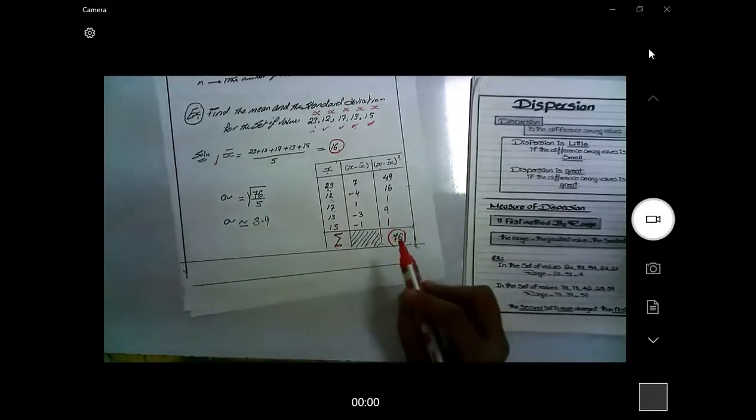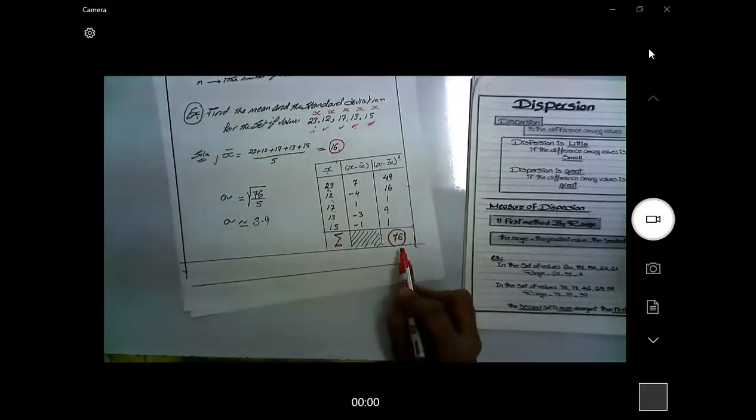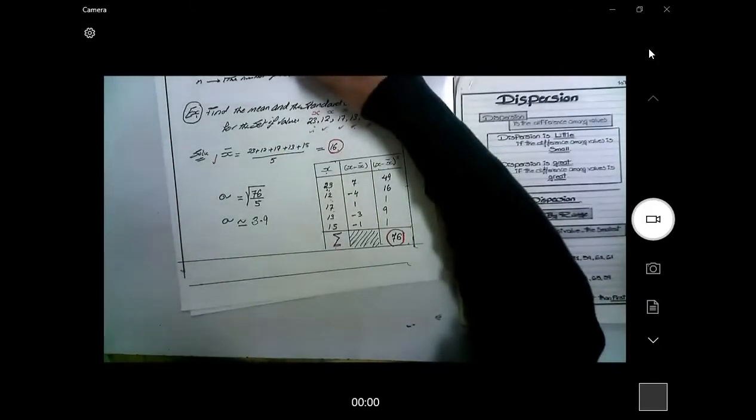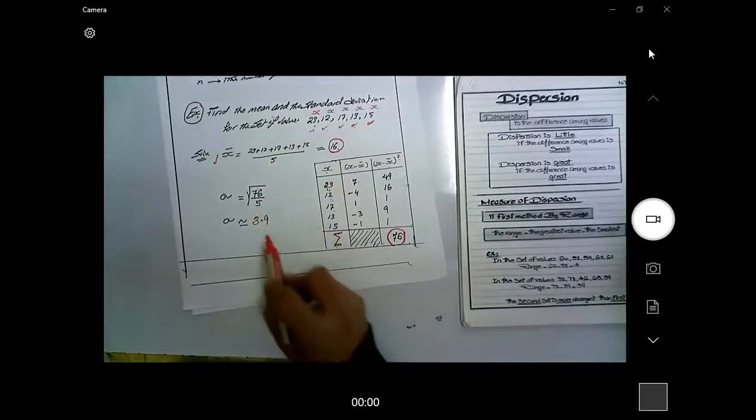After getting it, we are going to get the standard deviation sigma, applying this rule: the square root of the summation of x minus x dash all power 2, which is 76, divided by the number of values, which is 5.